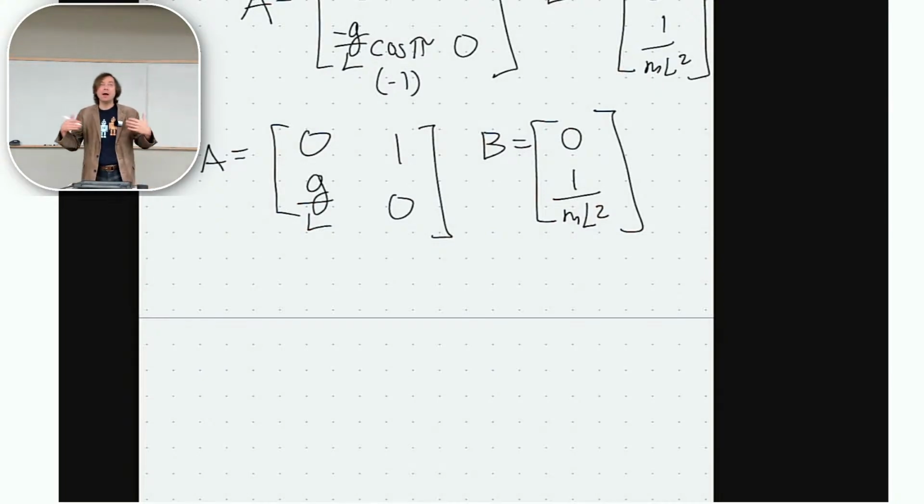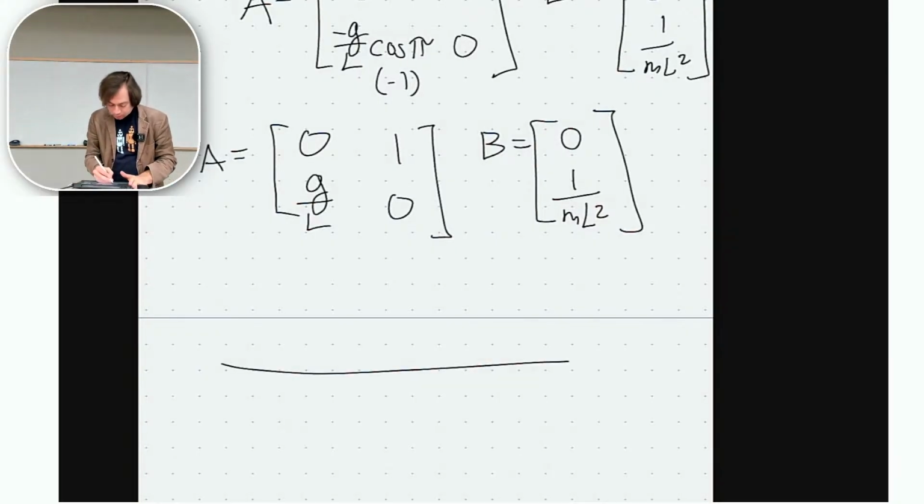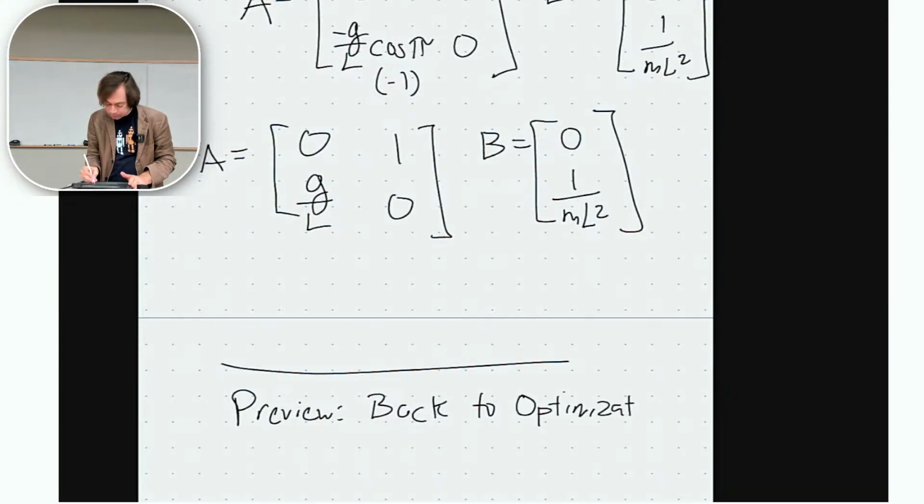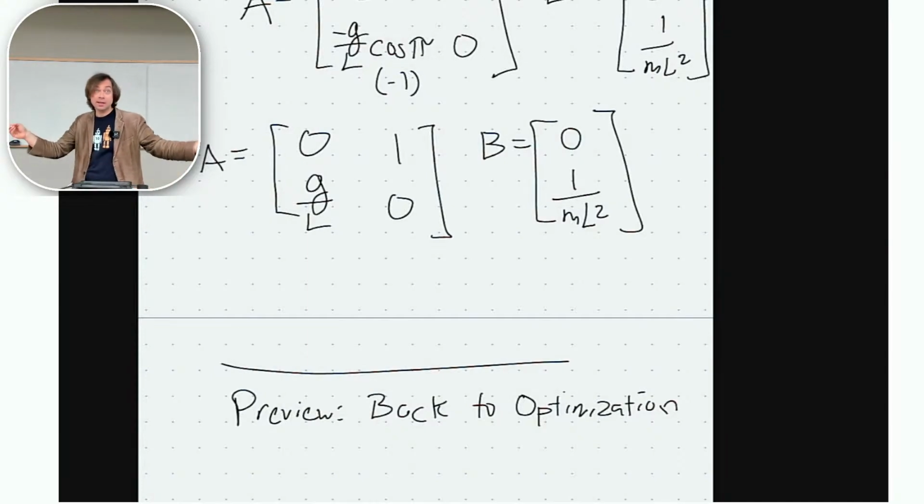At which point, we will have everything that we need to move back to the optimization side of the class. I'll give you a little preview of how it starts to tie back into all this linear system stuff. So, preview, back to optimization. We haven't talked about some of this stuff in a while. We talked about it in the opening lecture, which you can find on links on the Canvas page or the YouTube channel.